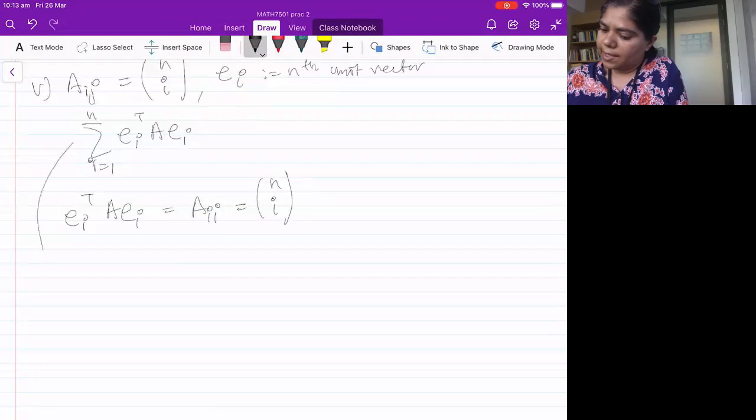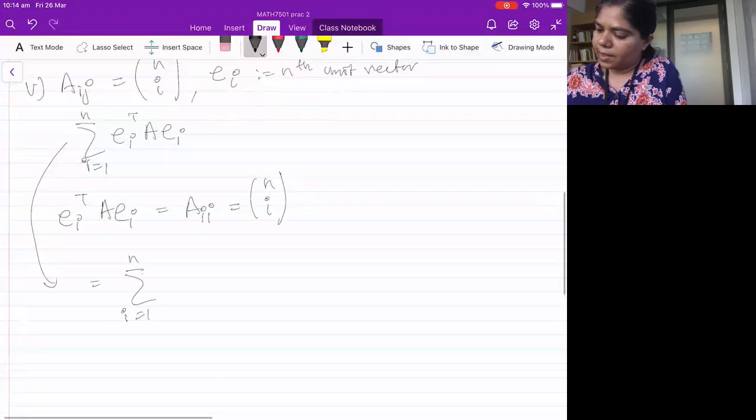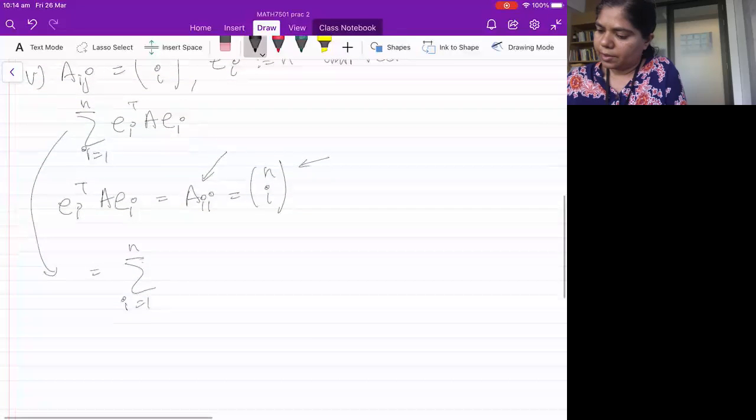So this sum really is equal to the sum from i equals 1 to n. Is everyone okay up to this step? I hope so.